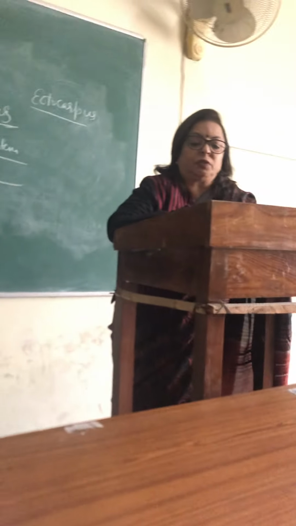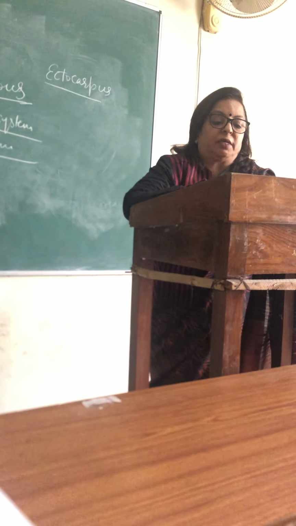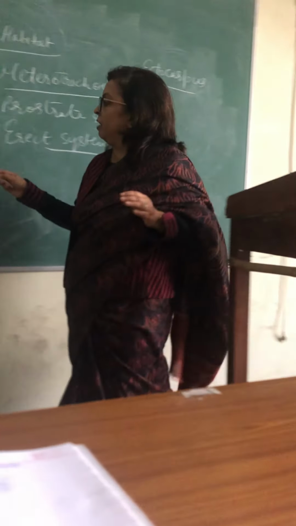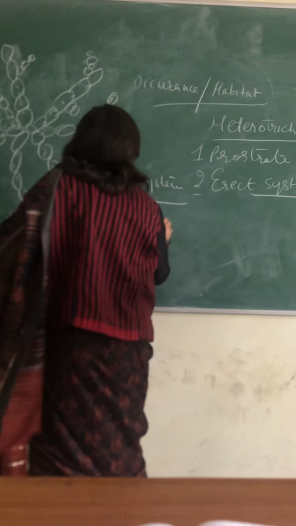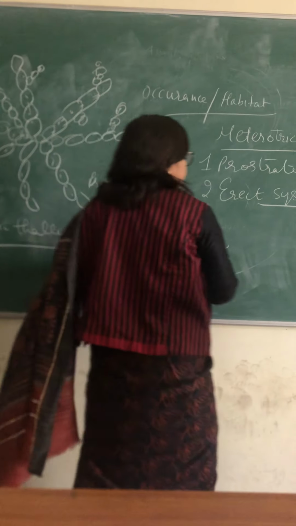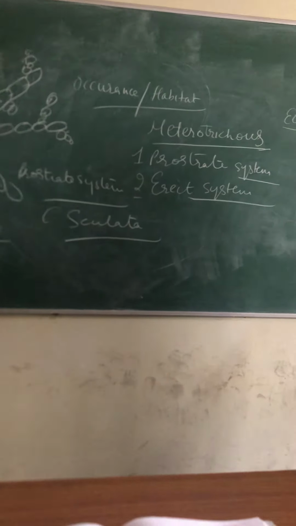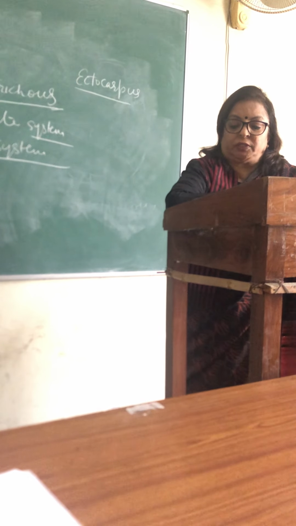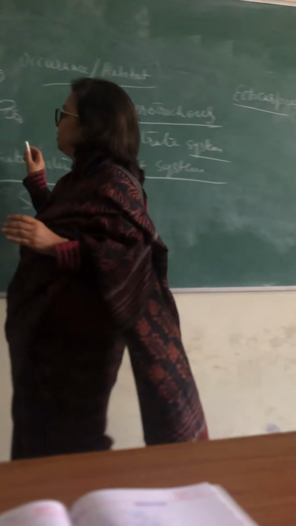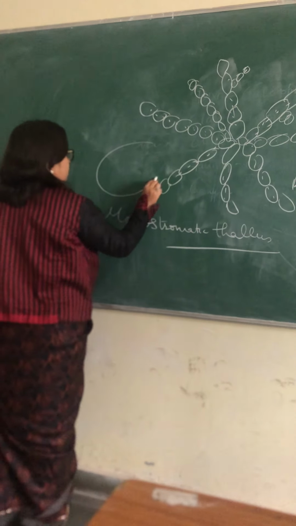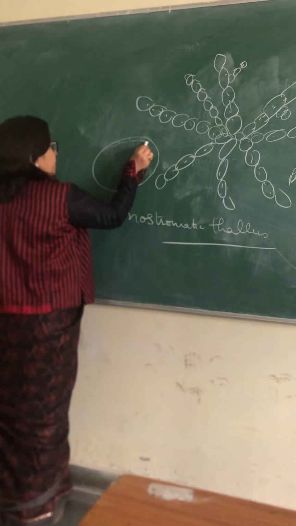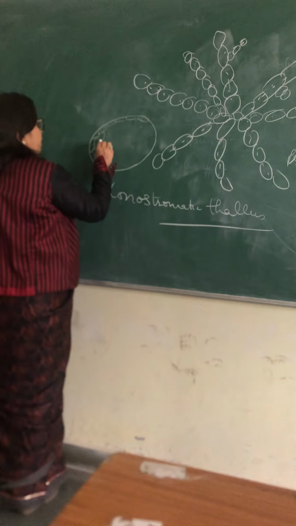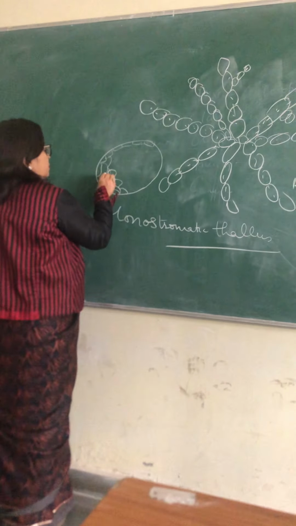The thallus also, in some cases like Coleochaete scutata, in this species of Coleochaete the thallus is regular and circular. As you can see, we have cells which are quite closely attached, and if we see the appearance of the thallus, it appears circular.